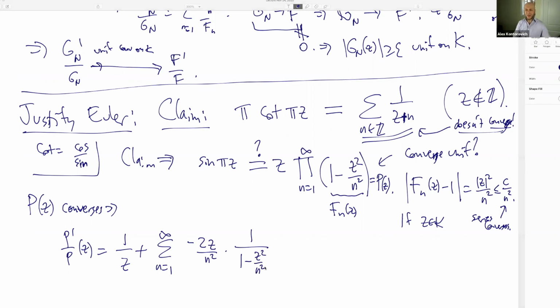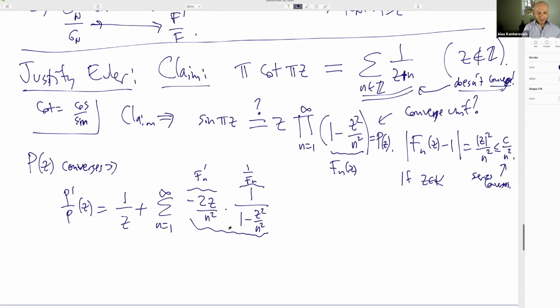Did everybody follow what I did there? This is just f prime times 1 over f. This is fn prime. This is 1 over fn. You see what I did? Let's combine these together.